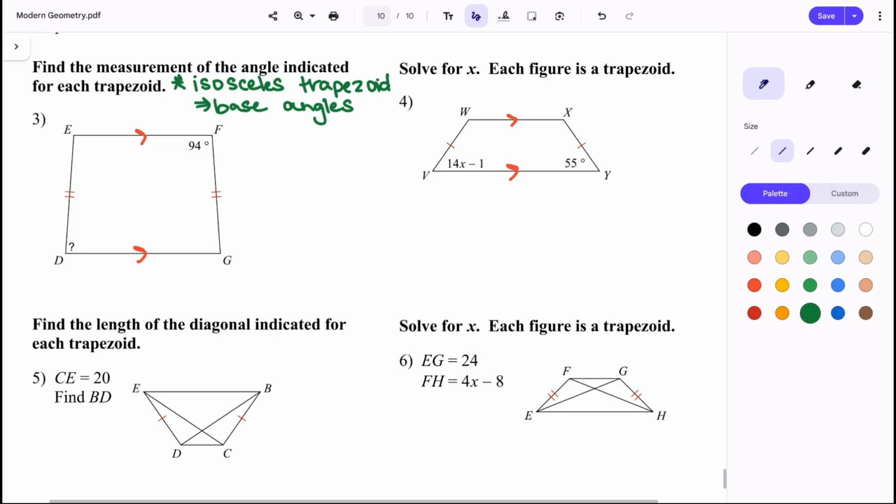So the base angles that are across from those congruent sides, if you remember on a triangle, when we had our isosceles triangle and these two sides were the same, then these two base angles were also the same. Well, the same thing is going to apply to an isosceles trapezoid. If you have the base angles that are across from those sides, then they are going to be congruent.